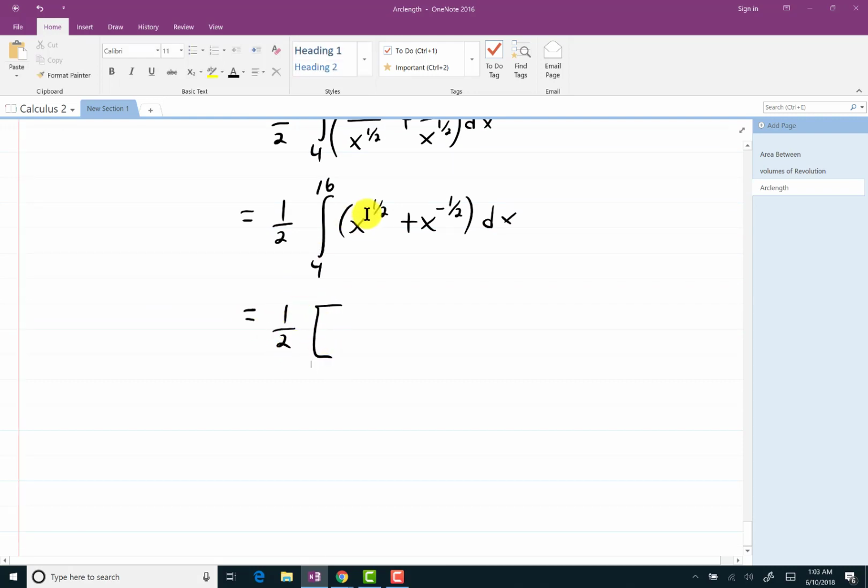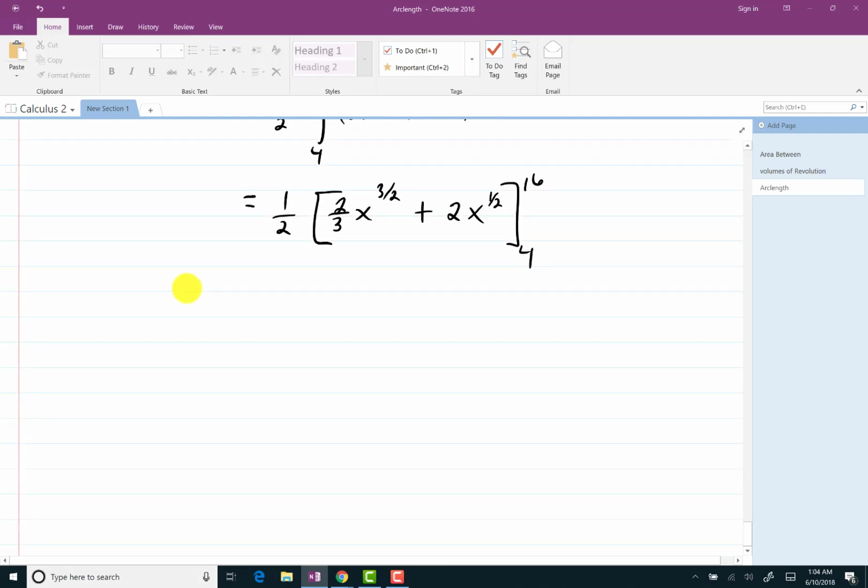X to the 1/2 will become 2/3 x to the 3/2, plus, and then this thing will become 2x to the 1/2. And that is going from 4 to 16. I can do a little simplifying. If I take this 1/2 and multiply it through, I can just take these 2's out of there.